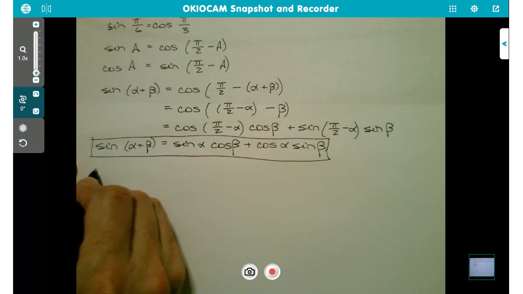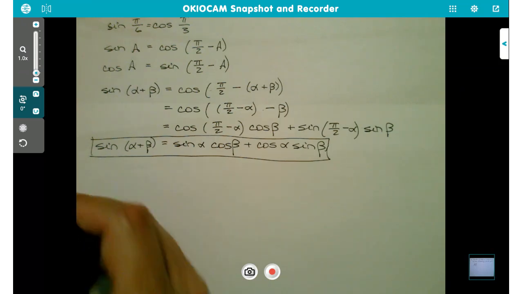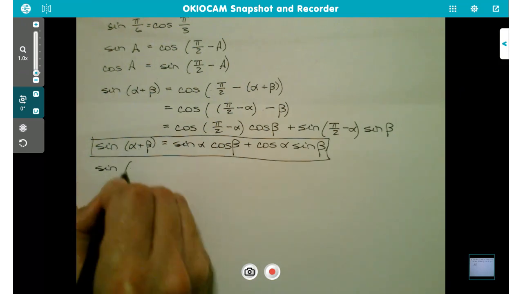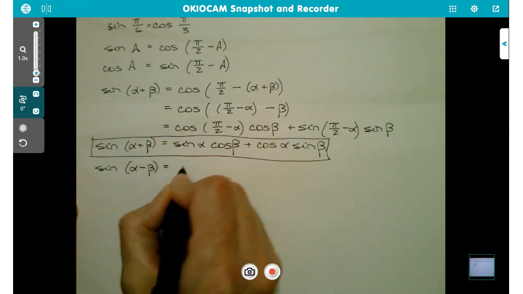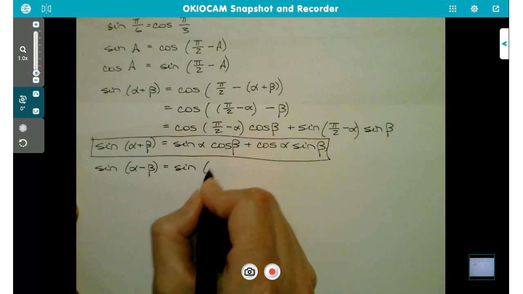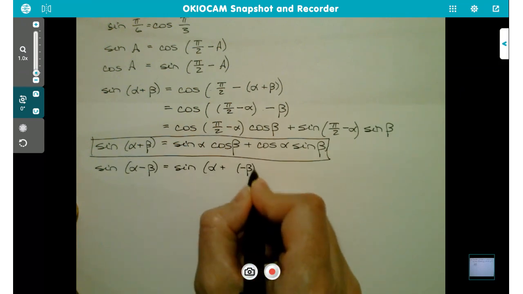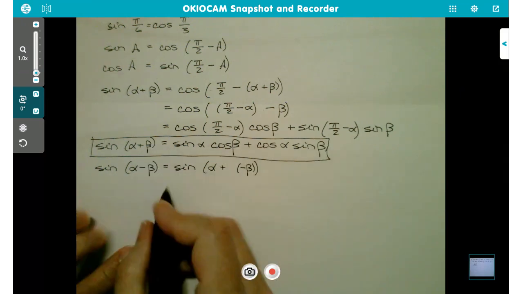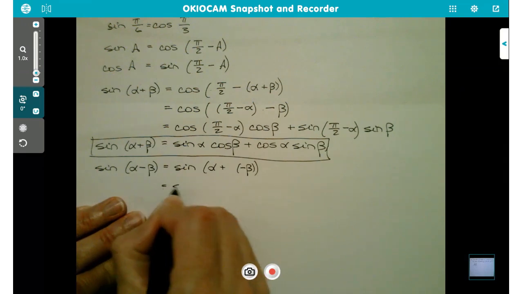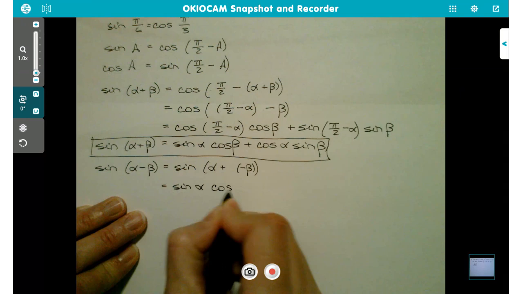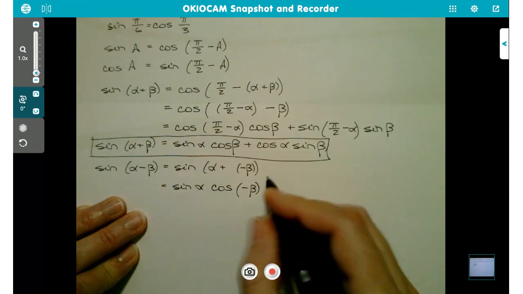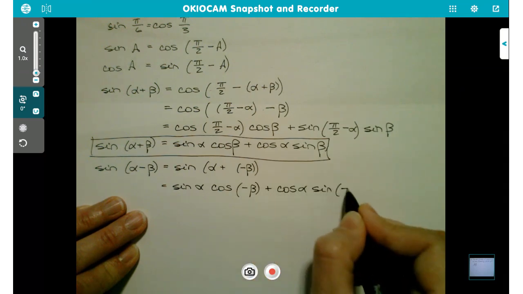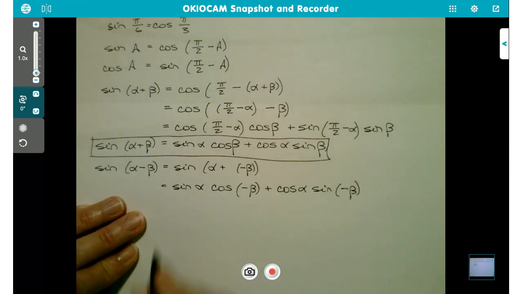For the sine of a difference, that's going to look a whole lot like when we went from the cosine of a difference to the cosine of the sum. I'm going to say sine of alpha minus beta is the same thing as sine of alpha plus negative beta. And we'll use our identity for sine of a sum that we just came up with. This is sine alpha cosine negative beta plus cosine alpha sine negative beta, and we'll apply those even and odd ideas again.